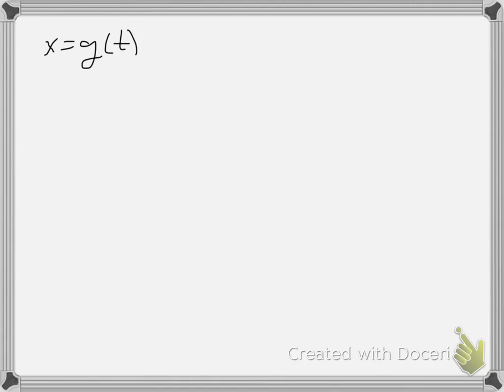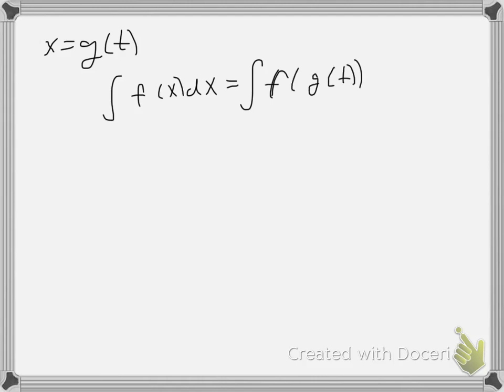To make our calculation simple, we assume that g has an inverse function, that is, g is 1 to 1. In this case, if we replace u by x and x by t in the substitution rule, we're going to simply obtain the integral of f of x dx equals the integral of f of g of t times g prime of t dt. This kind of substitution is called inverse substitution.